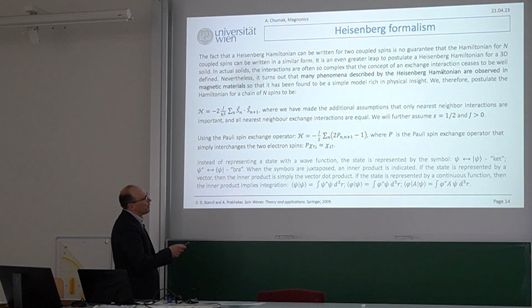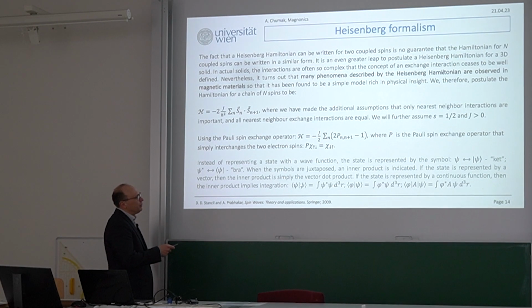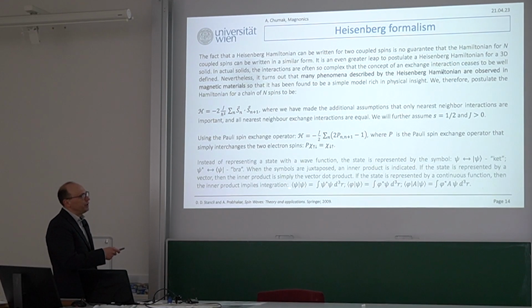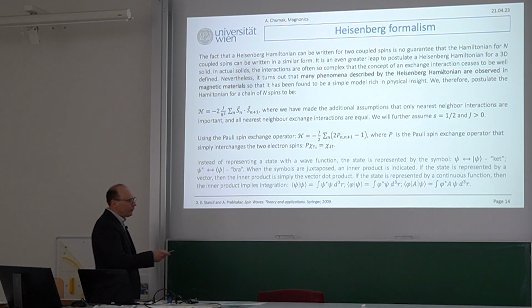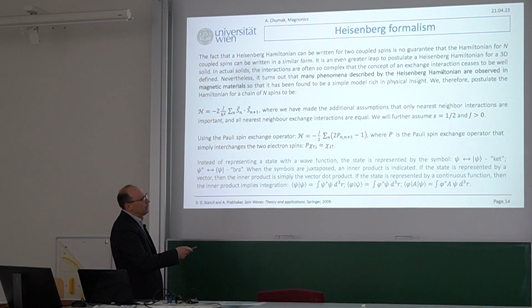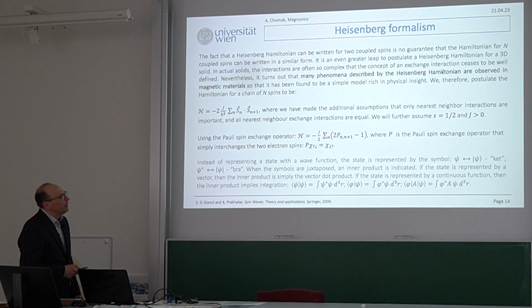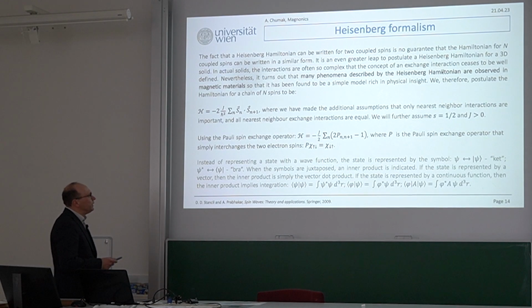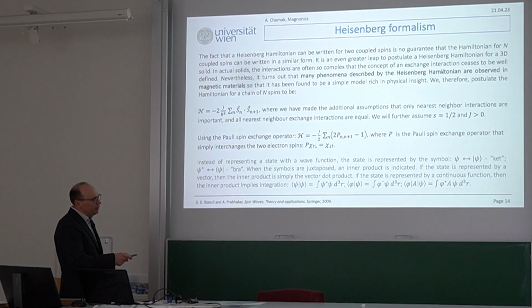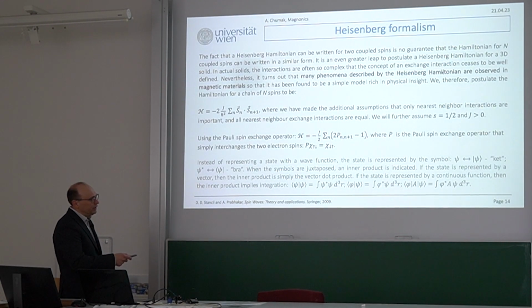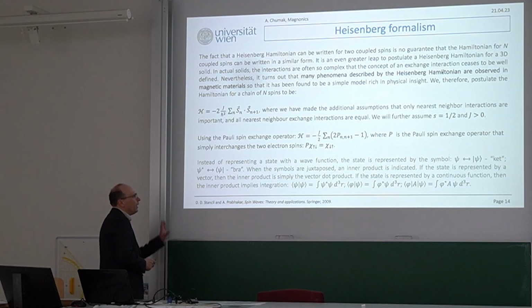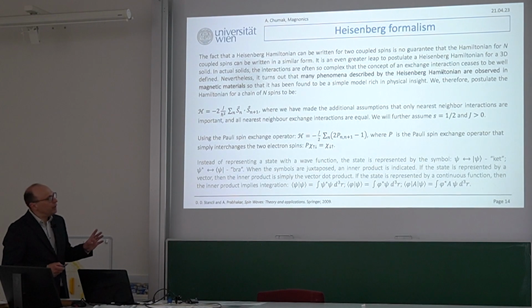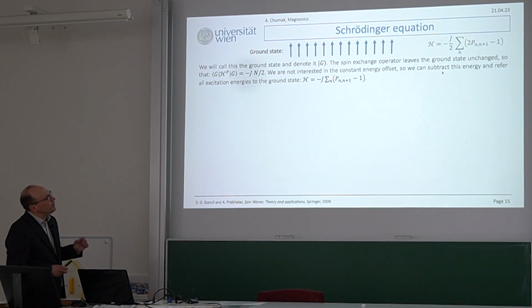If you have some continuous variation of your wave function, then you need to take the integral of psi complex conjugated, psi, over volume. And if it's two different wave functions, then it's the probability amplitude of transition from one state to another, and you can find it also through this integral. So that's the methodology, how we work with it.